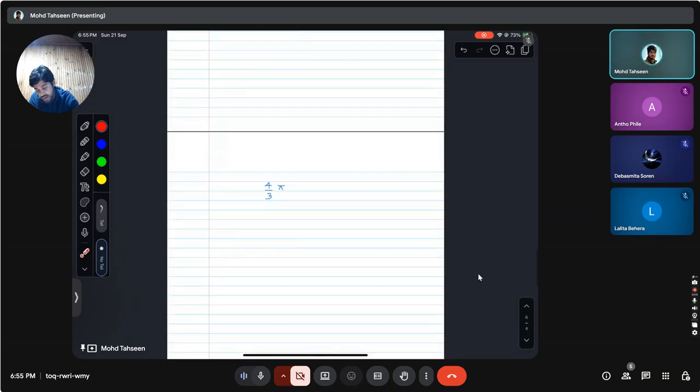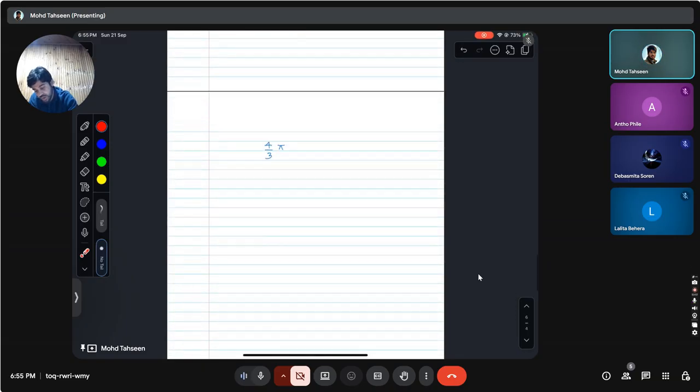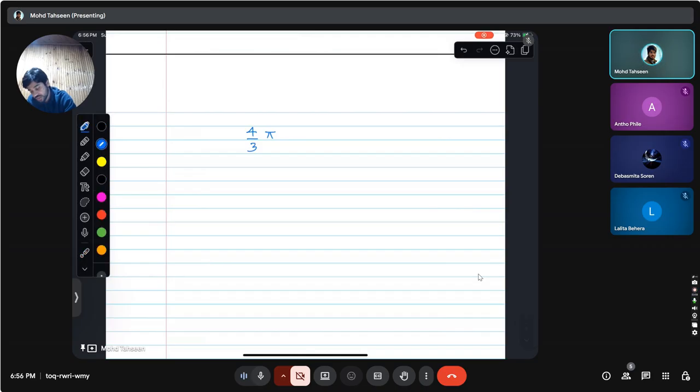And 4 by 3 pi r cube, that is the volume. So I expect something like r cube here. So r cube I can get from nx square plus ny square plus nz square, so this is r square, and then I'll do 3 by 2.